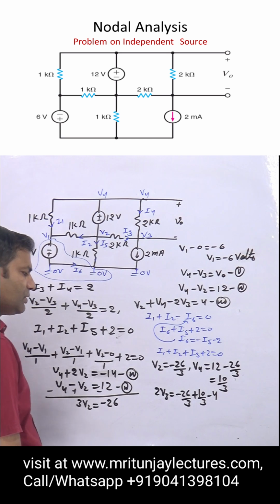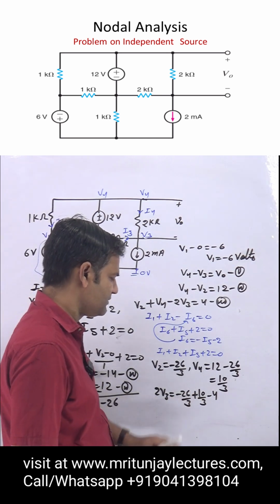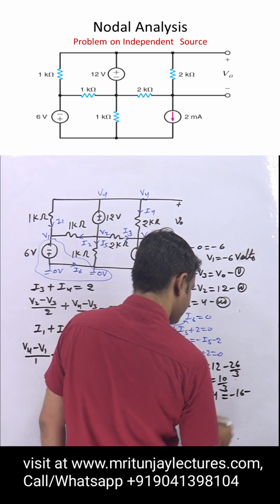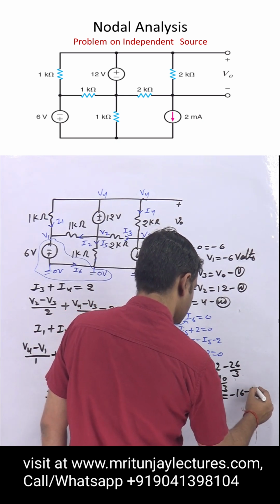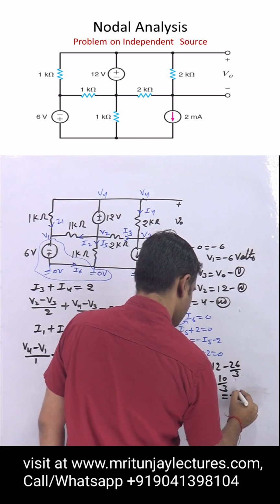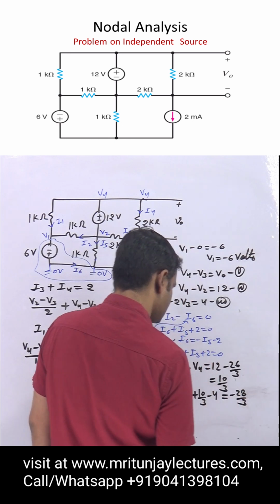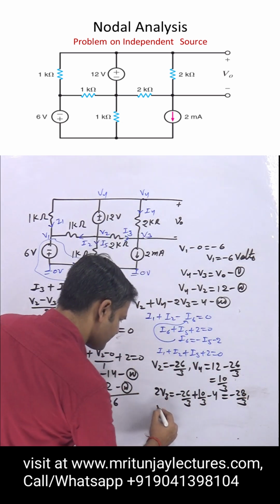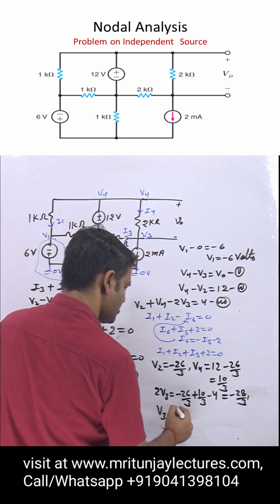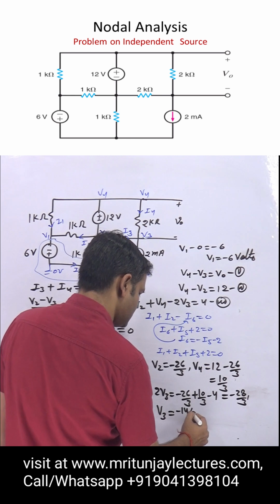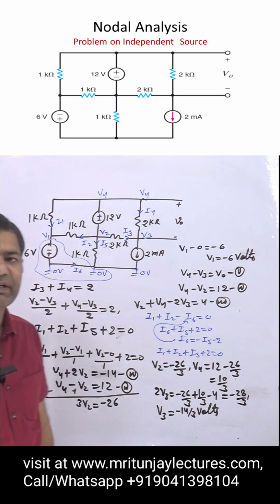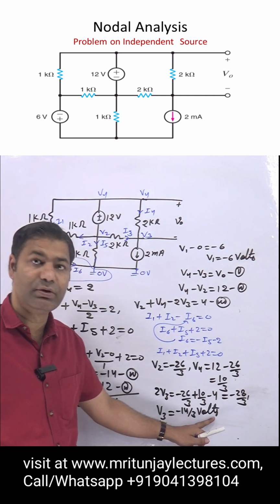That is minus 16 by 3, minus 12 by 3, that is minus 28 by 3. So V3 is written as how much? Minus 14 by 3 volt.